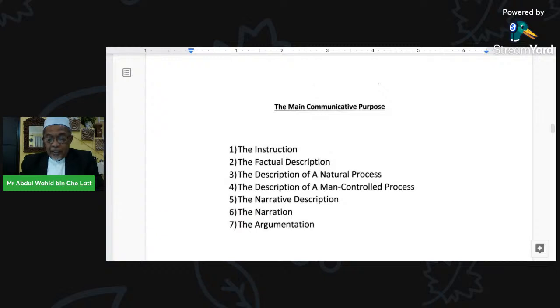Description of a natural process, indicated by simple present dynamic verbs, for example produces. Description of a man-controlled process, indicated by the verb phrase is or are plus past participle.